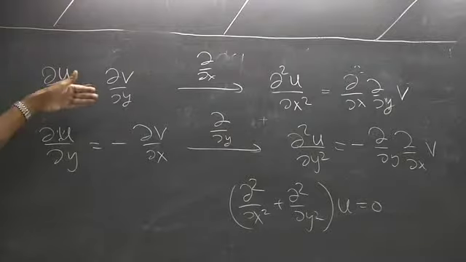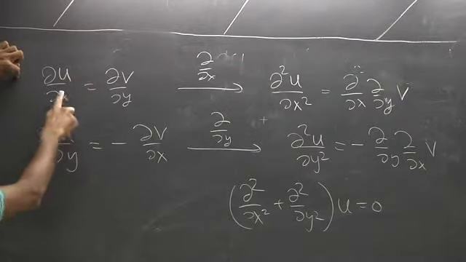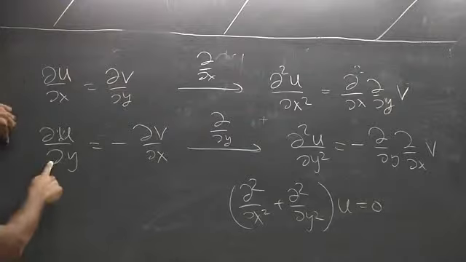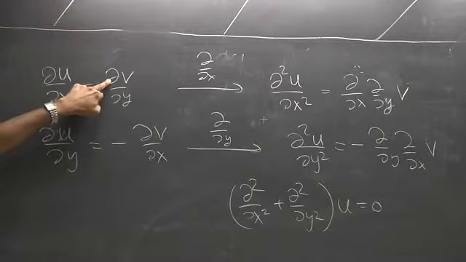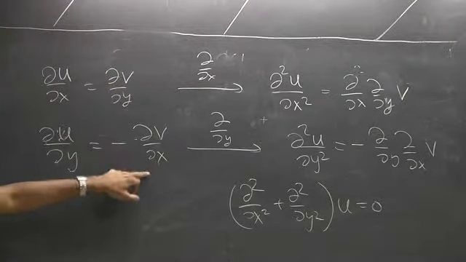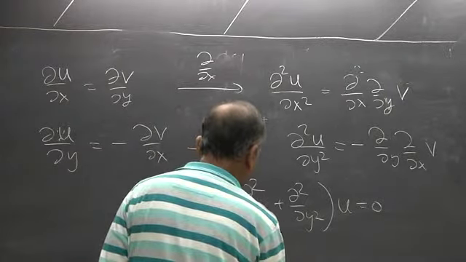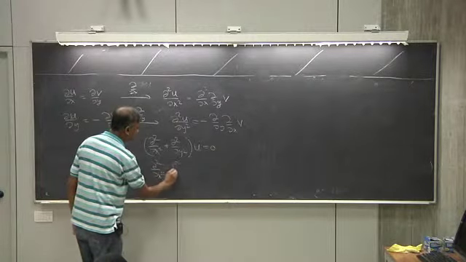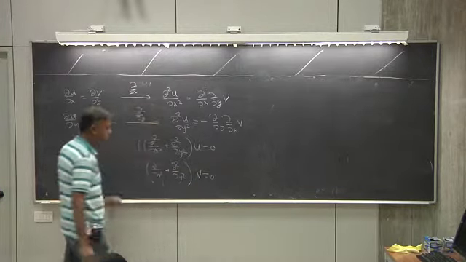Similarly, you can also do the other way. You take d by dy of this equation and d by dx of this equation and subtract. Then this will cancel and you will get d2 by dy2 of v plus d2 by dx2 of v is equal to 0. So you get d2 by dx2 plus d2 by dy2 acting on v is equal to 0.